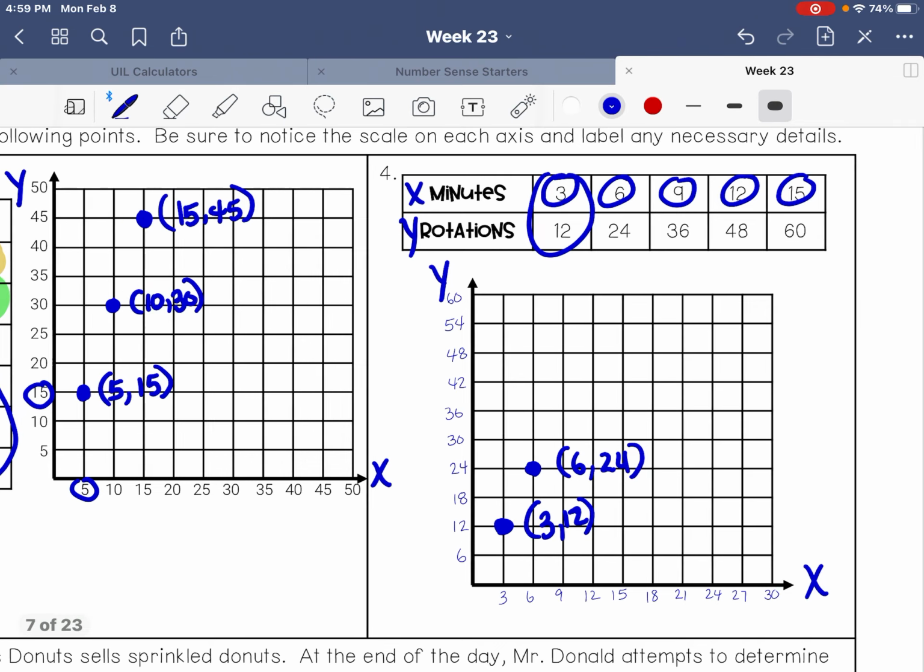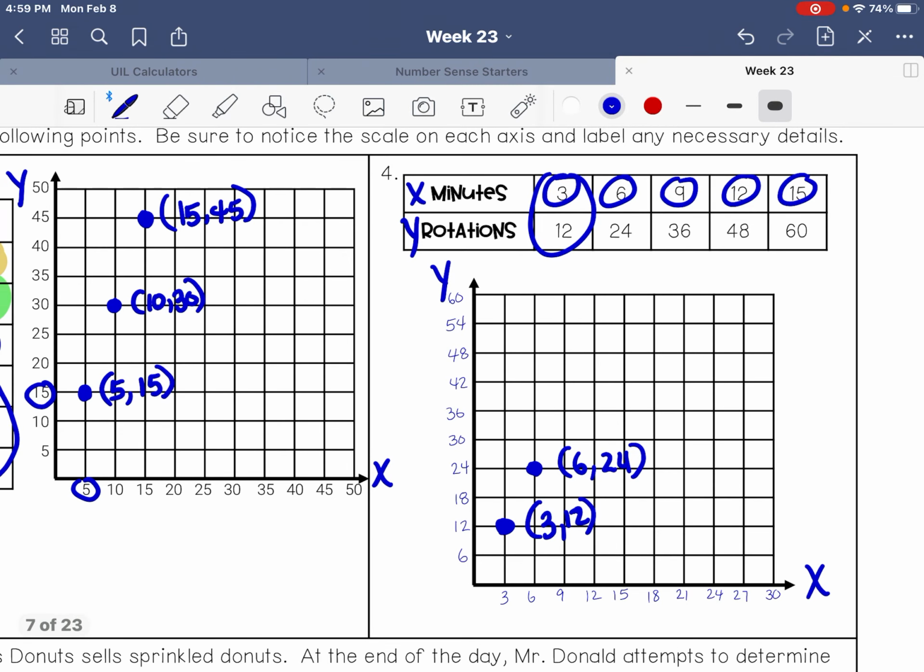Then 9 and 36. This makes it easy. You can see that those numbers are going to go up pretty evenly, especially the way that we numbered it. So that will be labeled 9, sorry. That'll be 9 and 36.